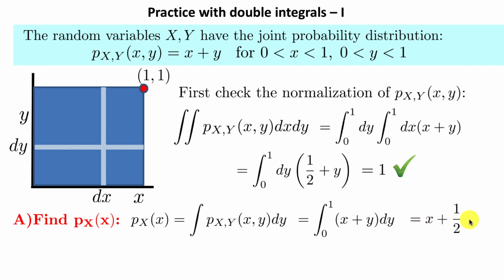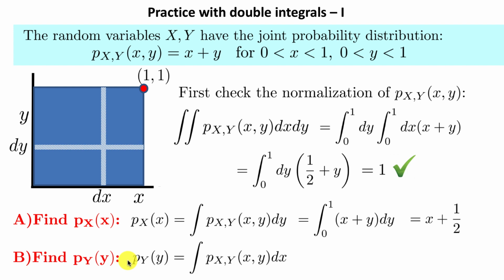Let's now repeat this for y. So now we need to find this marginal probability distribution, in which case we need to integrate over x, and of course it's exactly identical. The difference is that you're integrating x from 0 to 1, the same function x plus y, and of course you're going to get y plus a half.